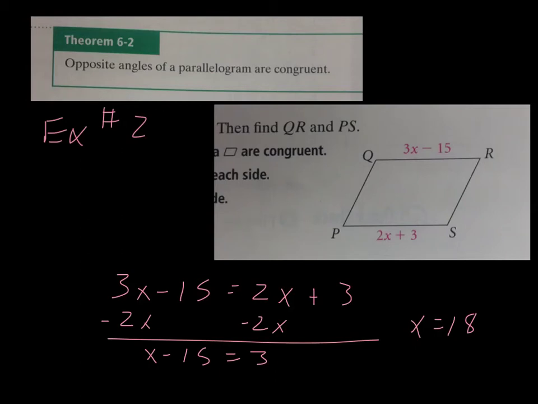Then you're going to plug 18 back in for x for both of those. So that would be 54 minus 15, which I think is going to be 39 for PS, and let's see, 54 minus 15. Yep, 39 as well for QR.